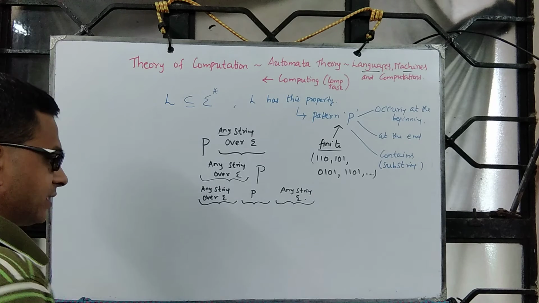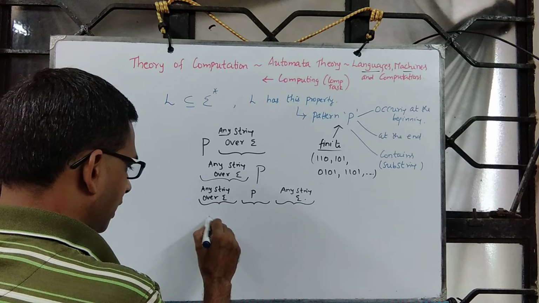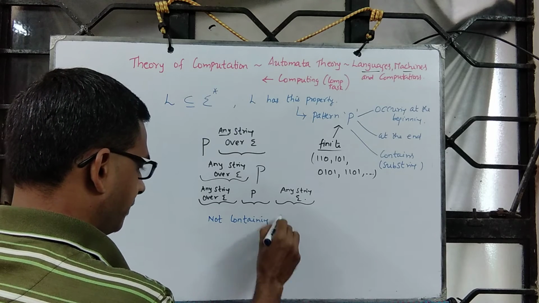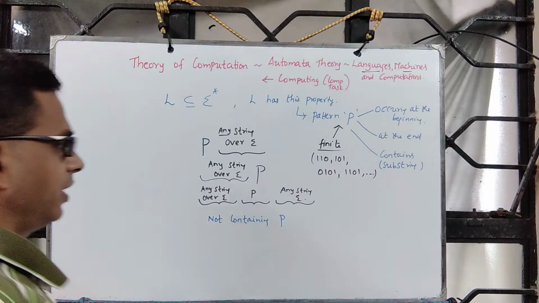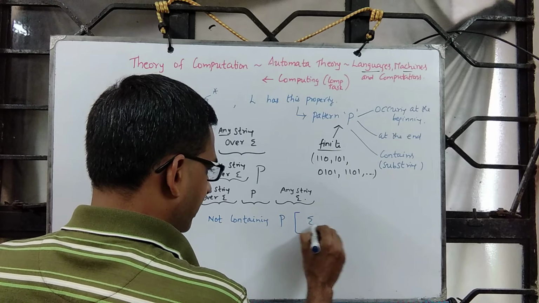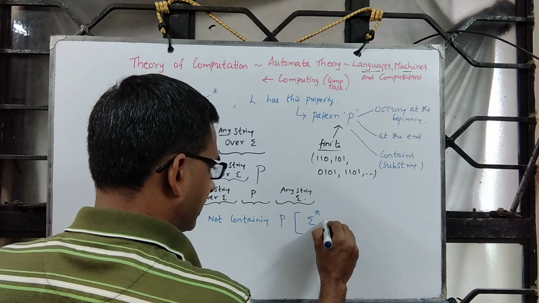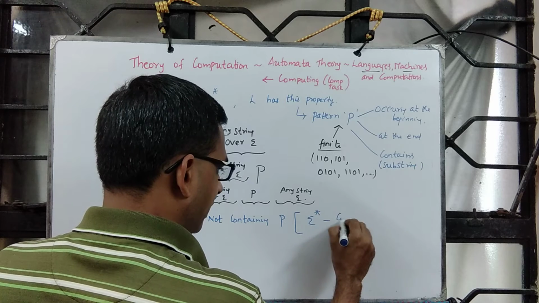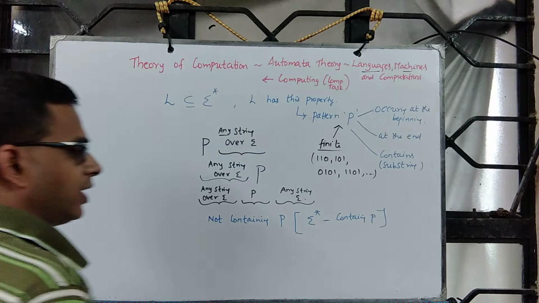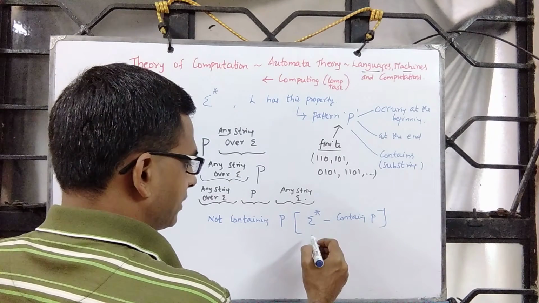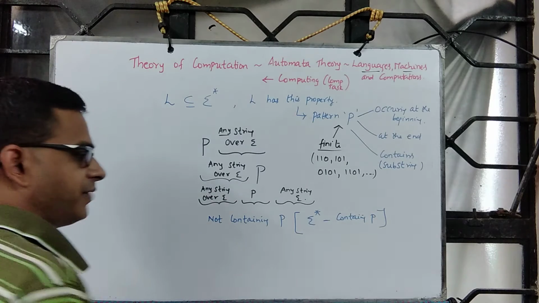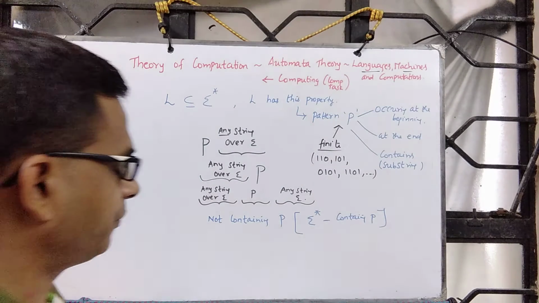And then we ask a question like not containing the pattern P. We observe that this one is equivalent to constructing sigma star minus containing P. And now the easiest way to construct it is to construct this automaton and flip final to non-final, non-final to final.